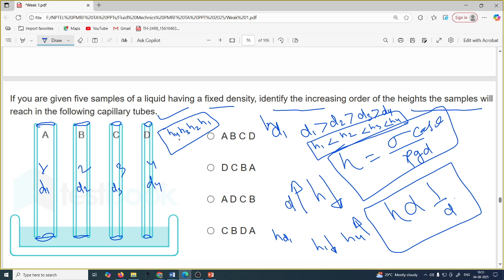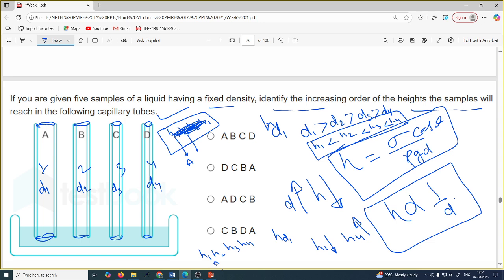This is talking about your increasing order, meaning H1 is lowest, then H2, then H3, then H4.